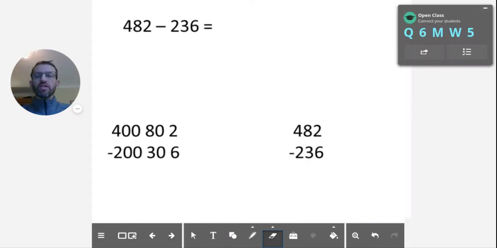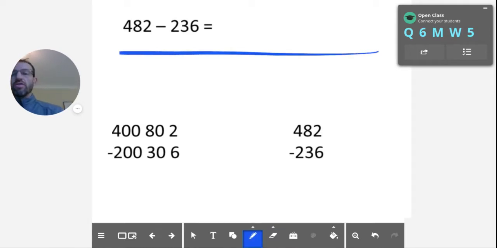Just jumping back into the recording here on this slide, where you've got 482 take away 236. Let's look at those three different methods that we've already spoken about. If I'm going to use an empty number line, I would have to draw my line with a ruler if you can, put the small number at the beginning, 236, big number at the end, 482, and then jump along.